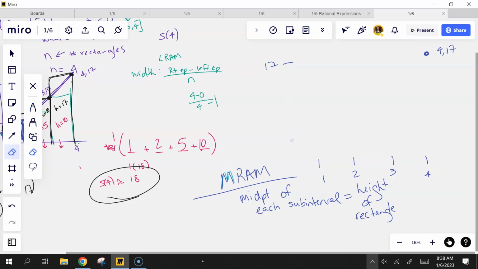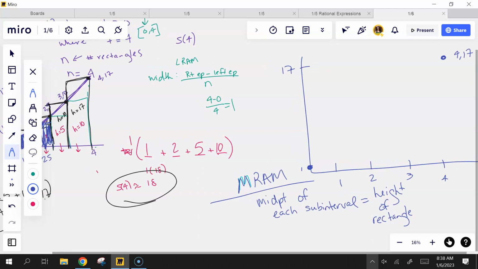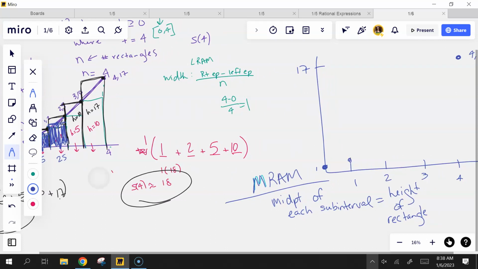I'm going to take this one off and put it down a little lower. 1 was 2. 2 was 5. Here we go. Okay.